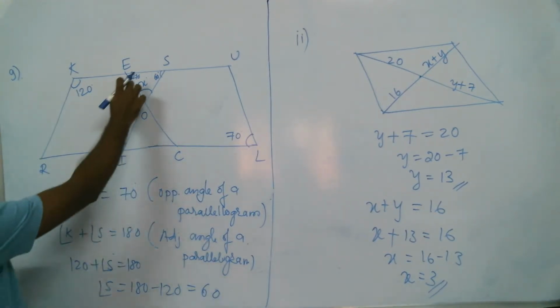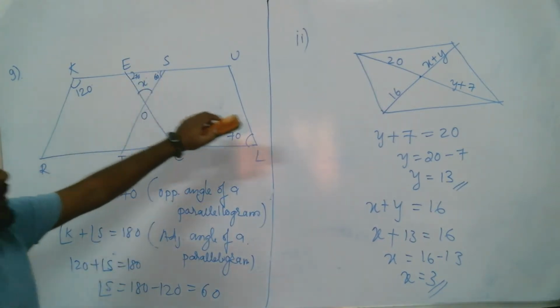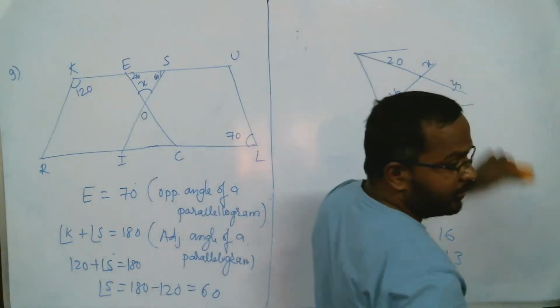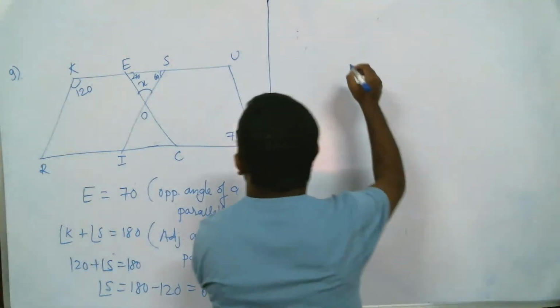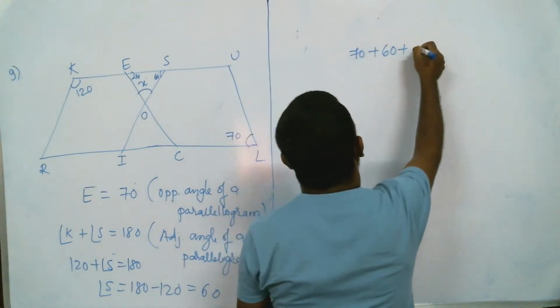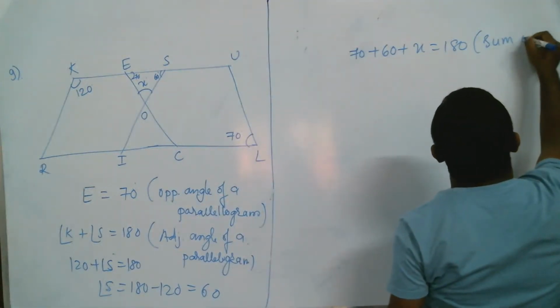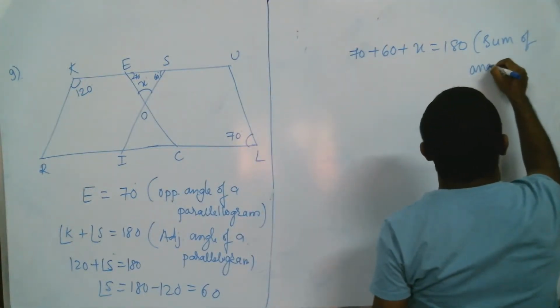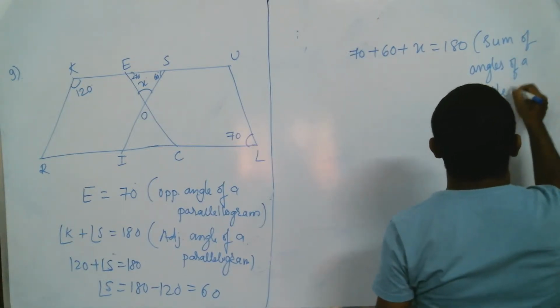So now we got this as 70 and this as 60, and when you add these three angles, their sum should be equal to 180 degrees, by the angle sum property of a triangle.